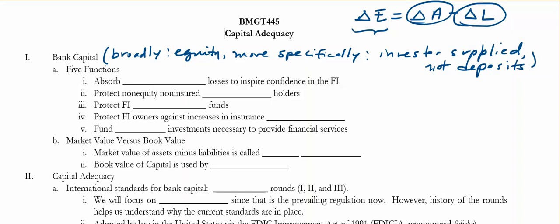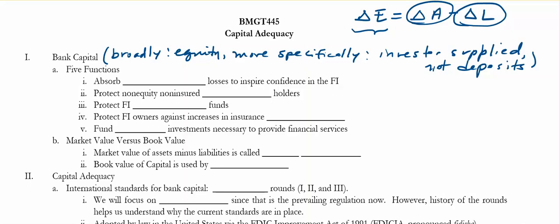So these are the parties that finance the bank who might not get paid back. And you need to have enough of that capital so that the depositors will be able to withdraw their money when they want it.